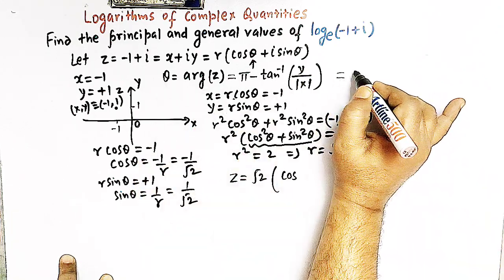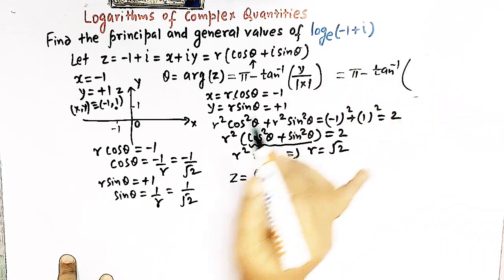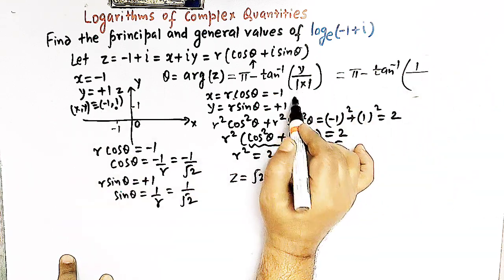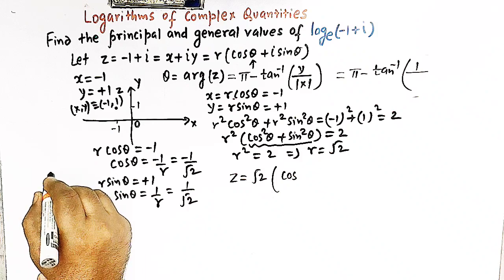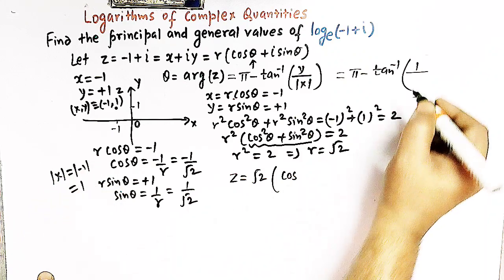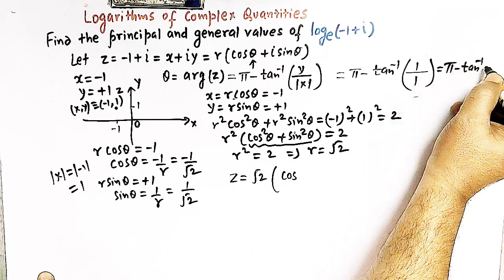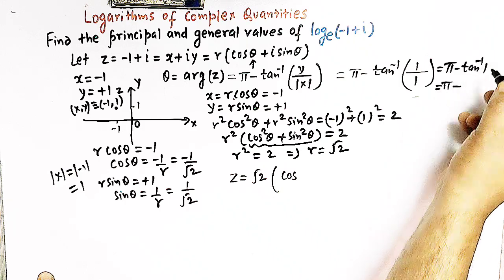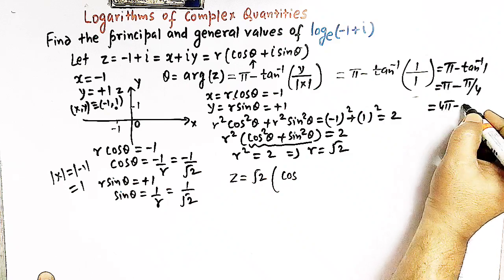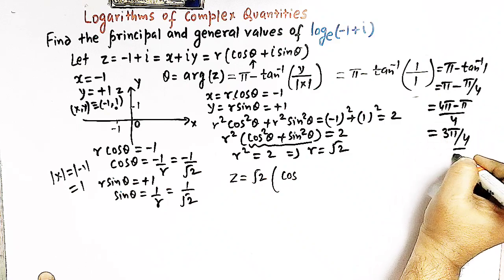So now we can write here pi minus tan inverse, and the value of y is equal to plus 1, and the absolute value of x, that is mod x, is equal to mod of minus 1, that is simply 1. So here we have pi minus tan inverse 1, and tan inverse 1 is pi over 4. So we have pi minus pi over 4, that is 3 pi by 4, right?